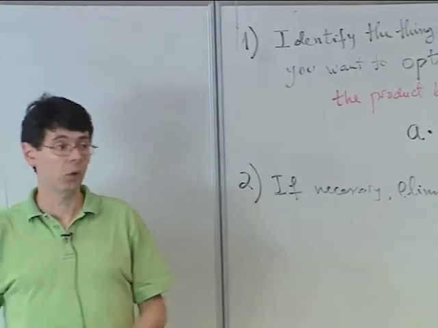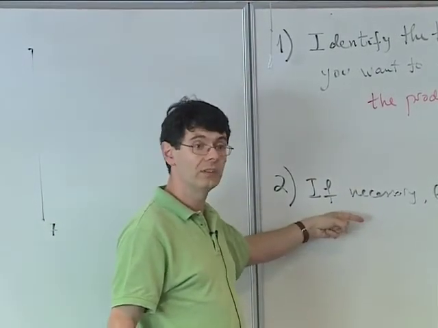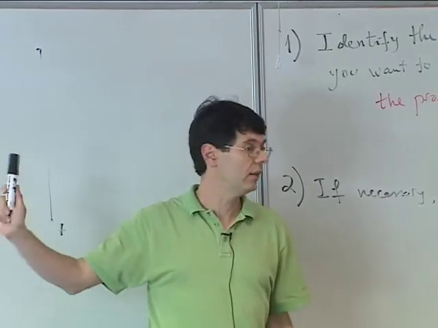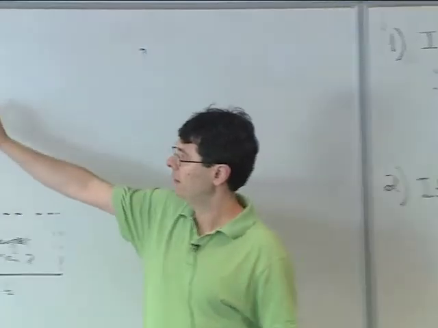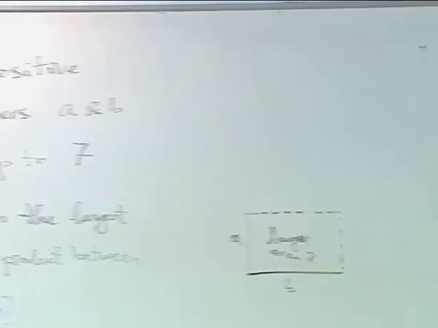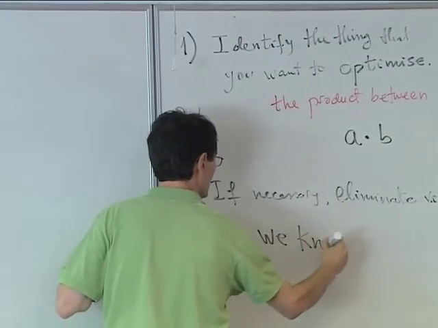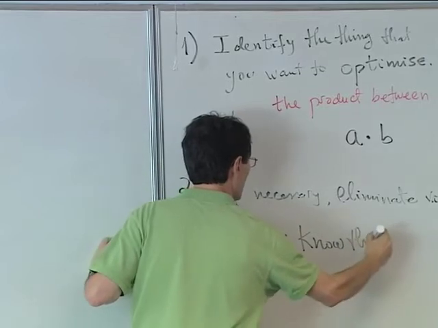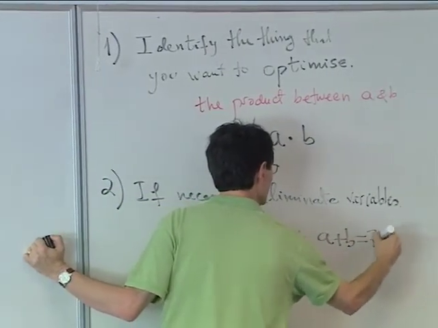To eliminate a variable, ask yourself, is there any relationship between the variables that you know, A and B? Is there any relationship between them? They add up to 7. So we know that A plus B is 7.